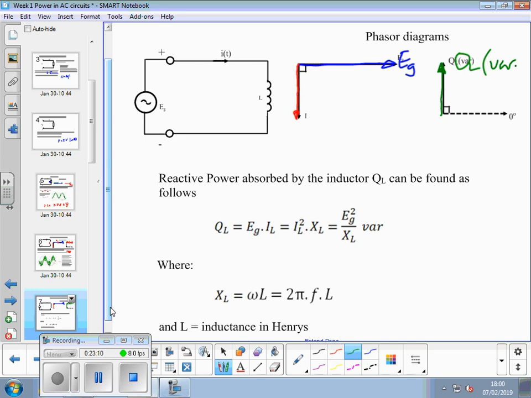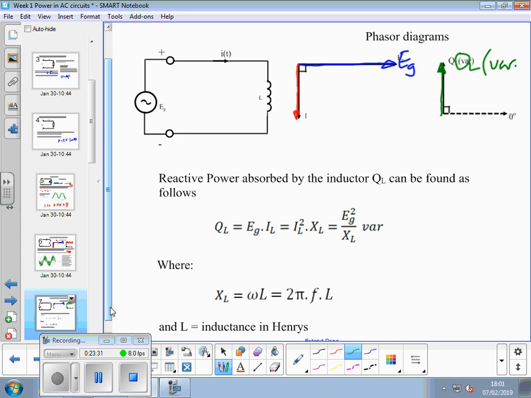That's a version of P equals V times I, except we're not talking about P, we're talking about Q. You can get it from I inductor squared times the inductive reactance, XL. I'll go into XL in a minute.